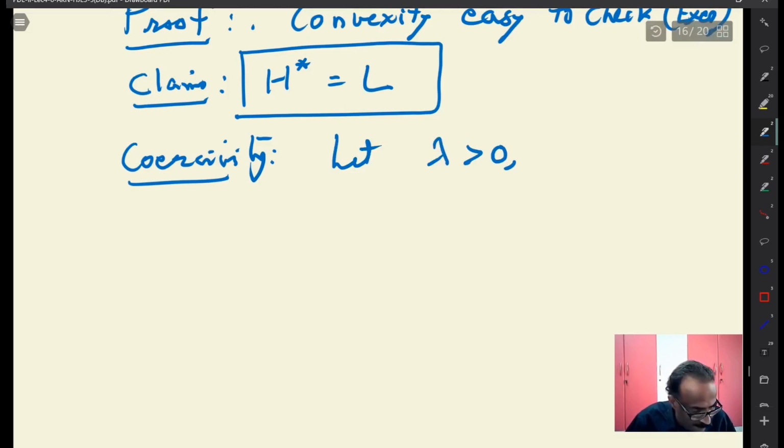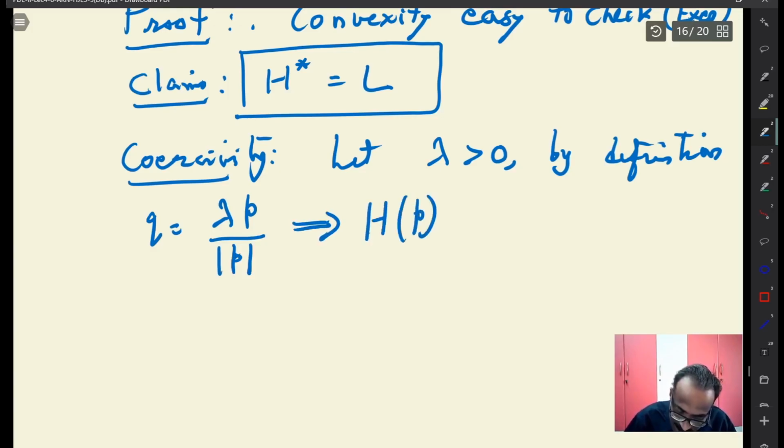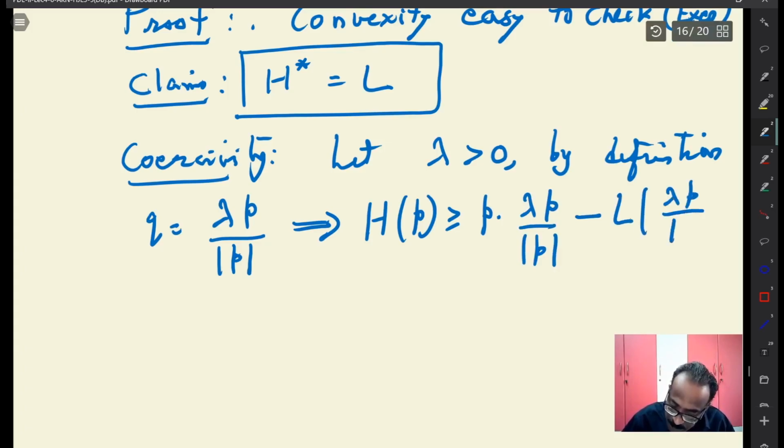Then by definition, because H is a supremum, take Q equal to lambda P, where H star is the supremum over Q of P dot Q minus L of Q. This implies H(P) is greater than or equal to P dot lambda P minus L of lambda P by mod P. I am taking P into lambda P because H is the maximizer, so for any choice of this one, it will be smaller.